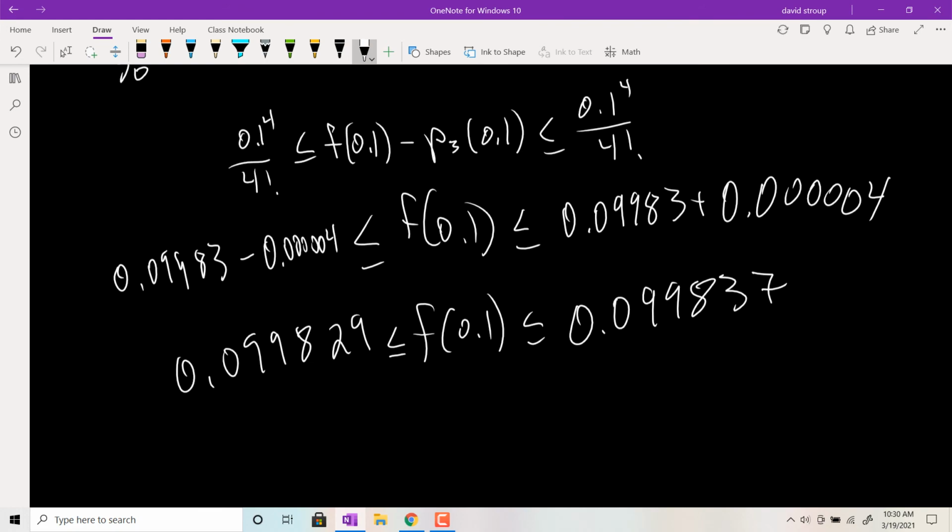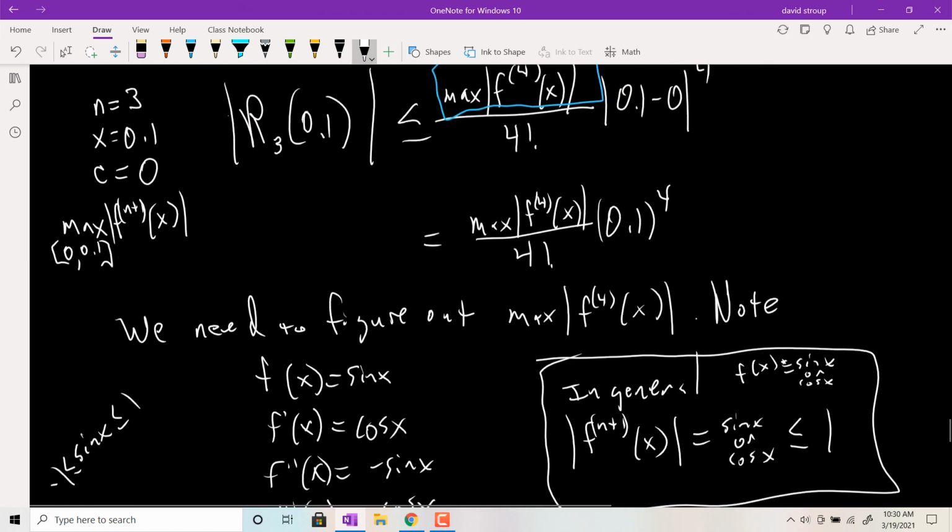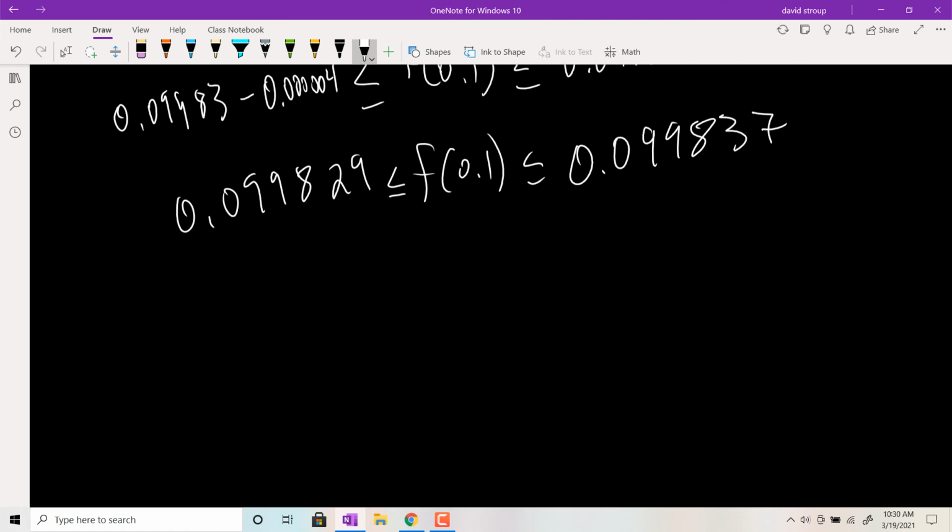Okay. So that's the first type of problem you'll see. The second type of problem will be how many terms of the polynomial do I need to pull off in my approximation, right? Okay, so let's look at another example then.